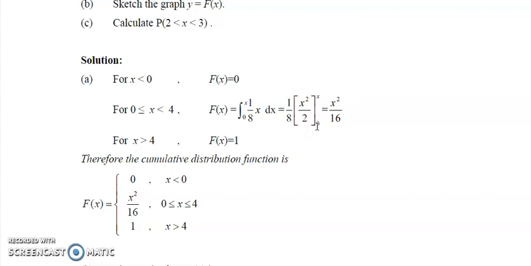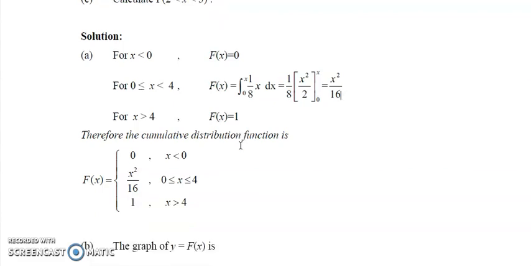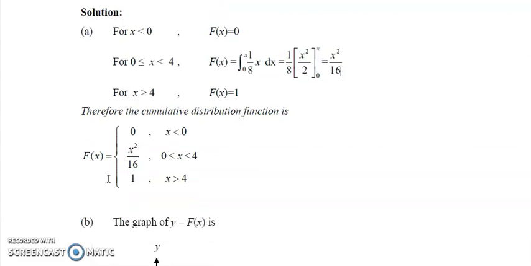Why are we going to integrate from 0 until x? Because we want to have a function. As you can see, we will have x squared over 16 here. And since the interval is from 0 until 4, for x more than 4 we will have 1. So this is the CDF for the continuous random variable.